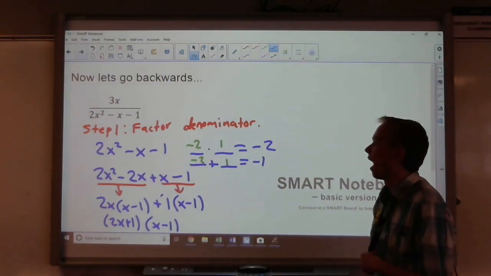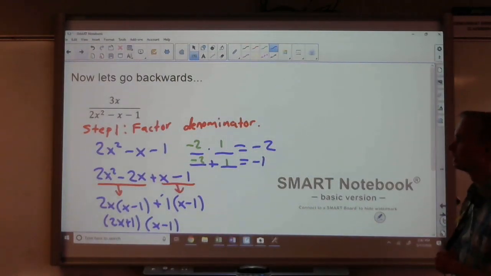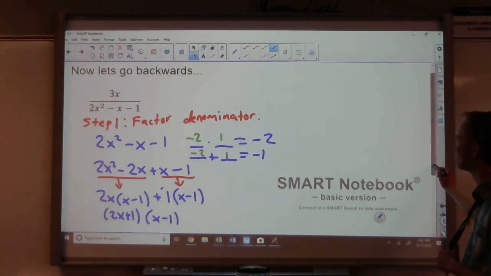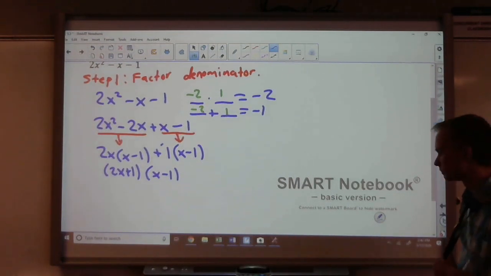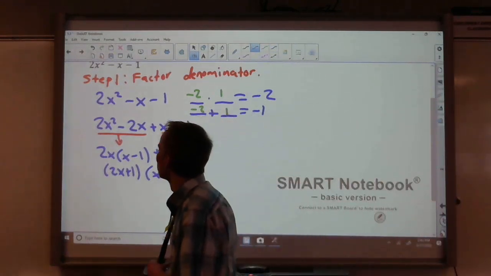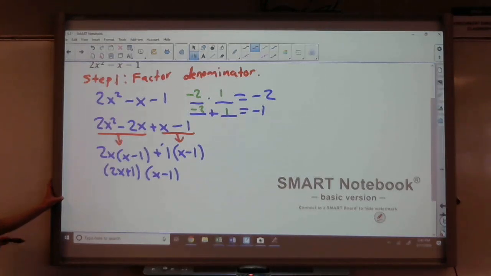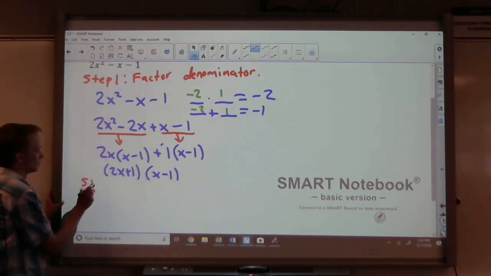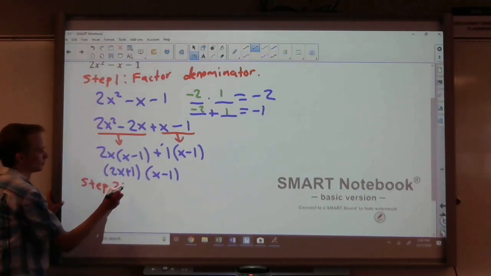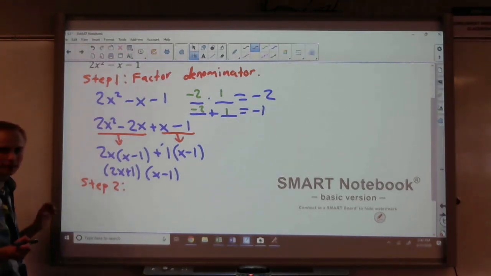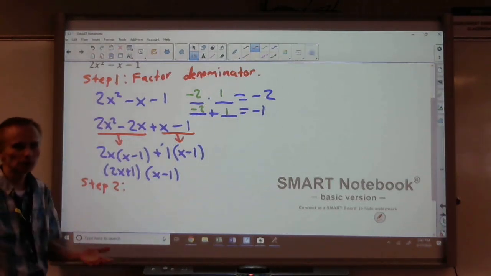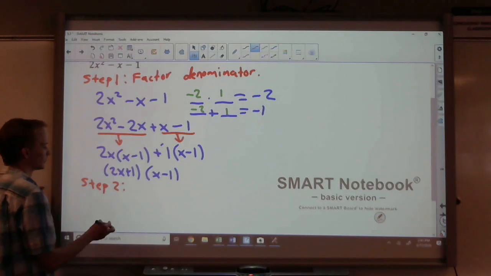So I factored my denominator, okay? That was my first step. So now, once we have that first step done, once we factored the denominator, we want to figure out what our final answer will look like, okay?